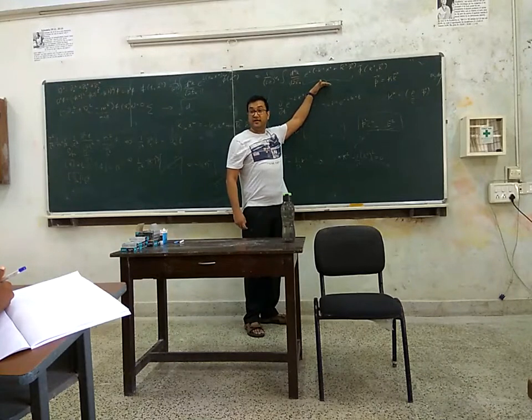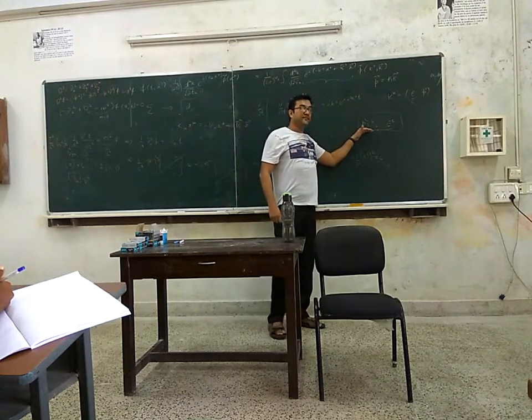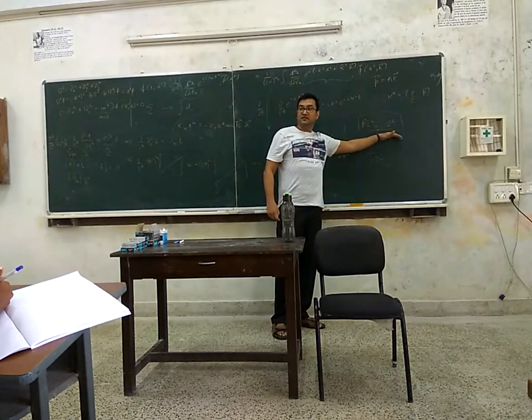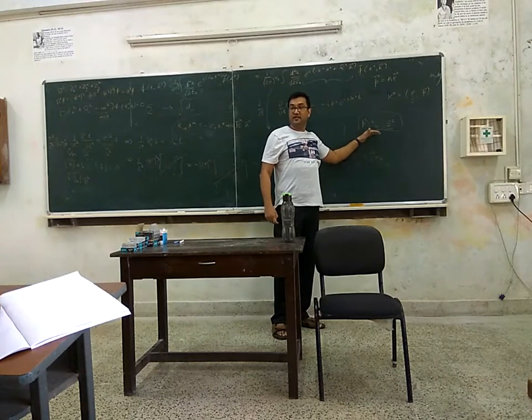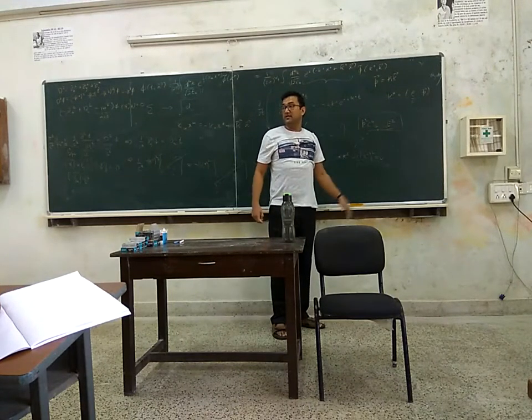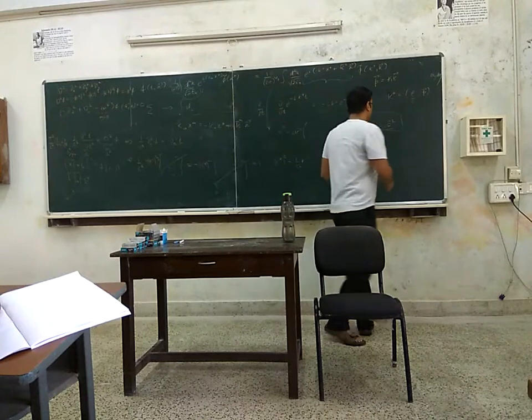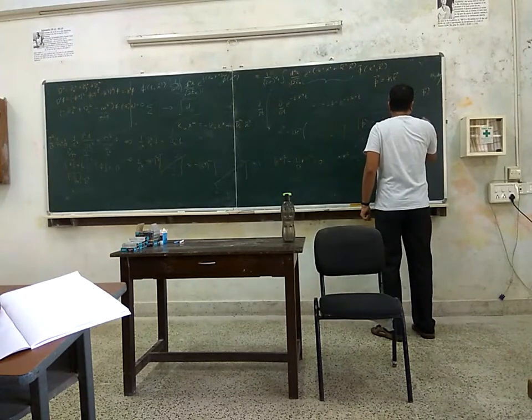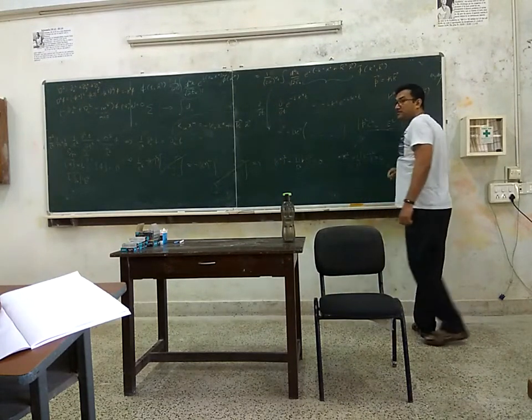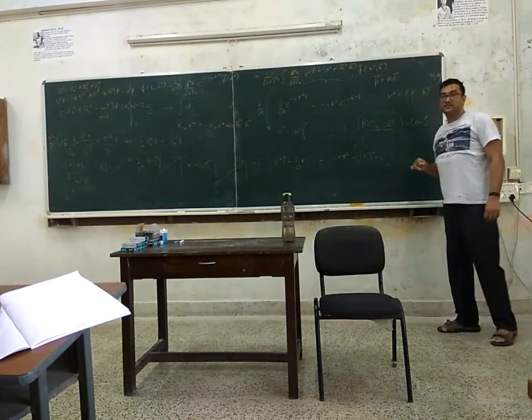Right? And because they describe massless particles, omega is related to the momentum by this relationship. And E is equal to h bar omega, Planck's relationship.